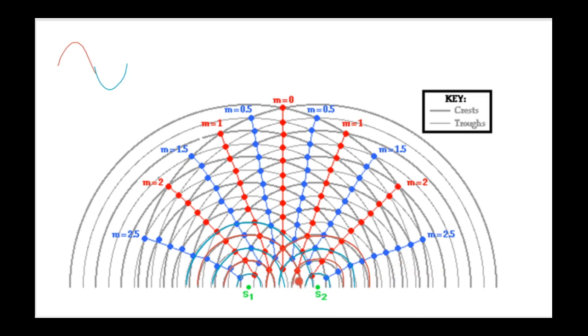Now, in this pattern, just now we have discussed if your crest and crest fall on top of each other, let us consider this source S1. For this source S1, consider this part, this crest. Similarly, for the source S2, consider this crest.